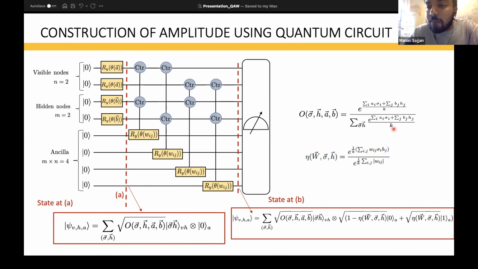We see that there is also an effective temperature here in the form of 1 by k, with k being a real number. I'm going to come shortly to the role of this particular real number.